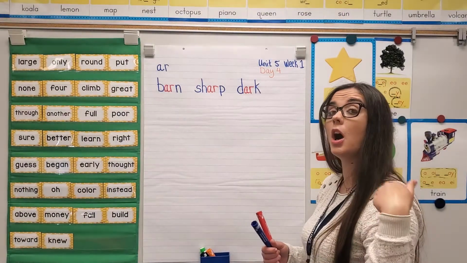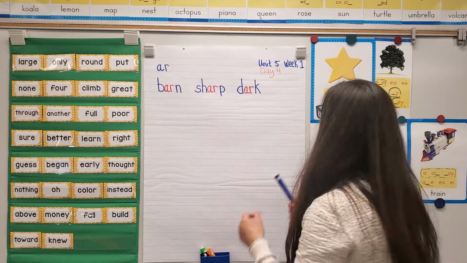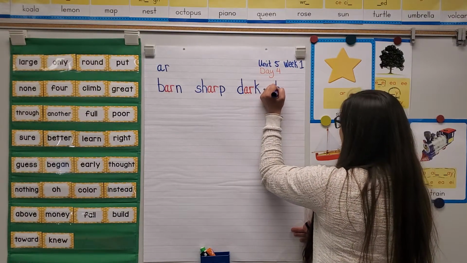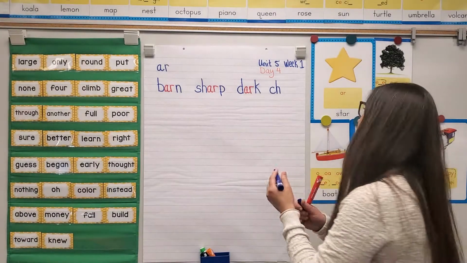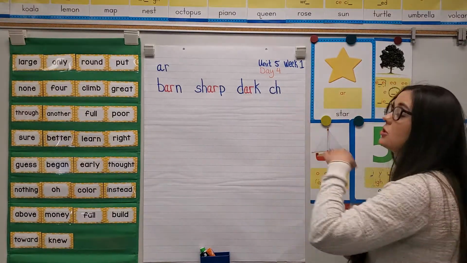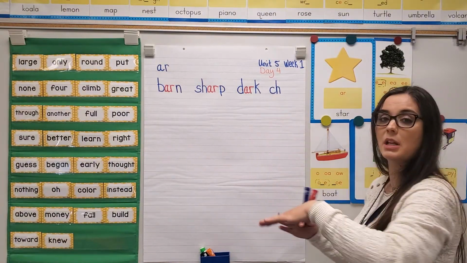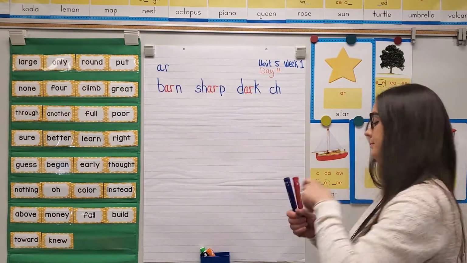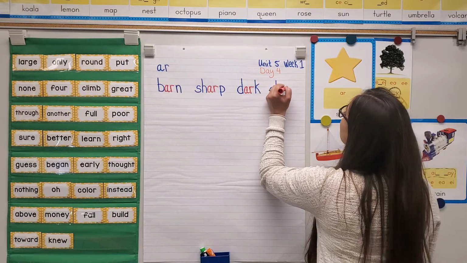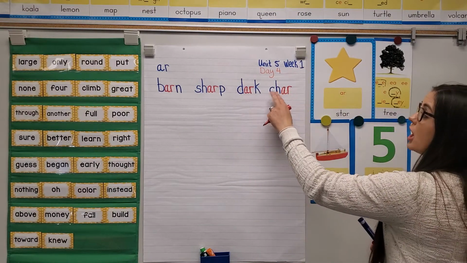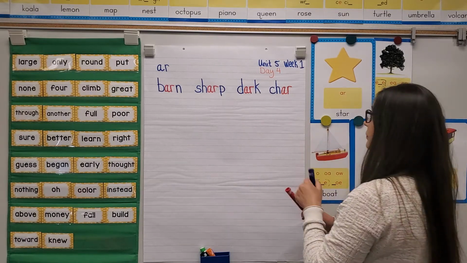All right, next word, charge, your turn. Ch, R, j, charge, charge. So this word charge is kind of funny. C-H, ch, like chin, never kaha, always ch. Now, it has A-R, R, ch, R, char.